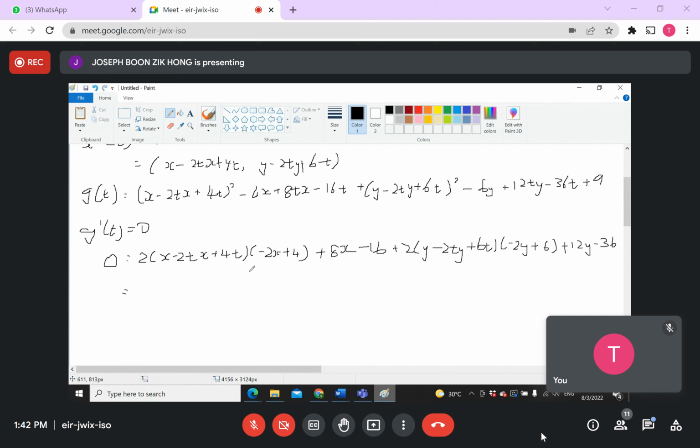So negative 4x plus 8, so negative 4x times this whole thing. Step by step. x times negative 2x, negative 2x squared, so negative 4x squared.